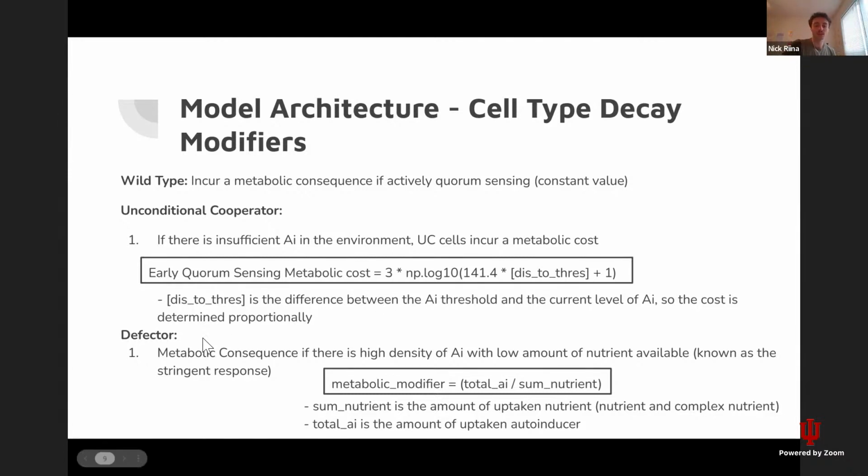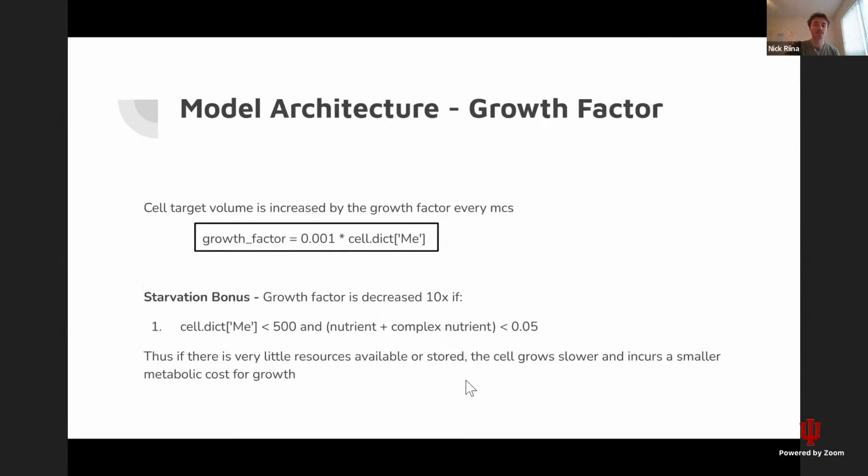And then with the defector, there is a metabolic consequence. Our stringent response: if there was low nutrient, so nutrient on the bottom of our fraction, and autoinducer is low as well, so not a lot of nutrient, you're hungry, not a lot of autoinducer to add in that public benefit. So yes, those are the extra decay modifiers for our different cell types.